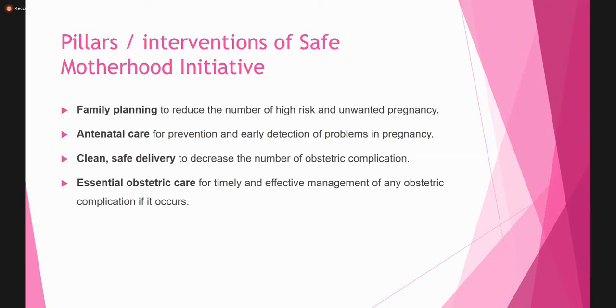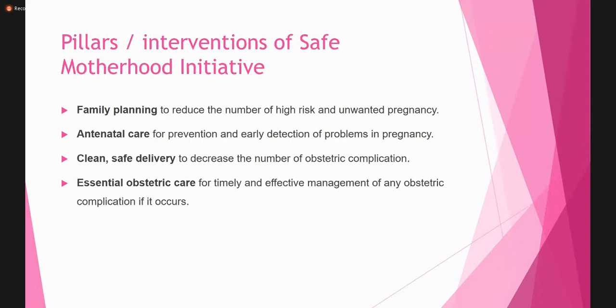So antenatal care for prevention and early detection of problems in pregnancy. If a female is going for antenatal visits, then the problems may be detected earlier and may be dealt with during pregnancy. Clean, safe delivery to decrease the number of obstetric complications. Then essential obstetric care for timely and effective management of any obstetric complication if it occurs.